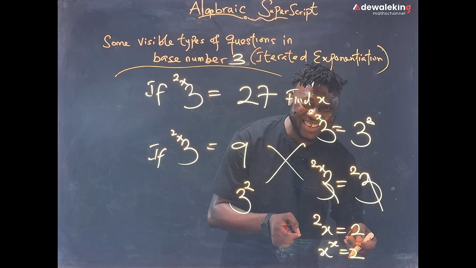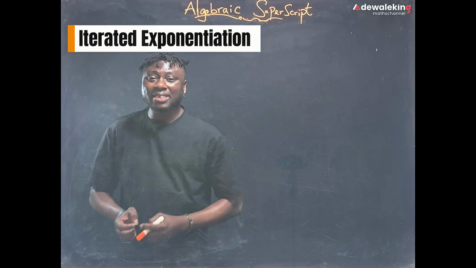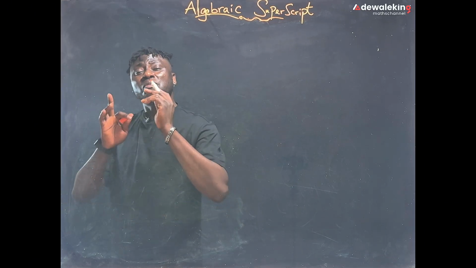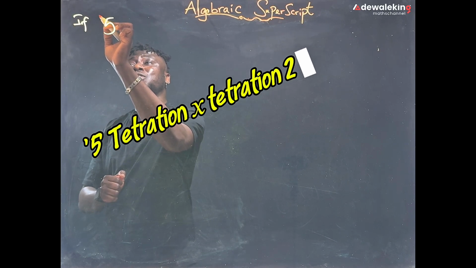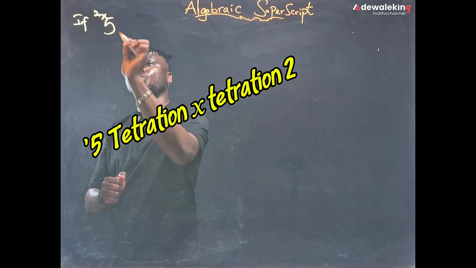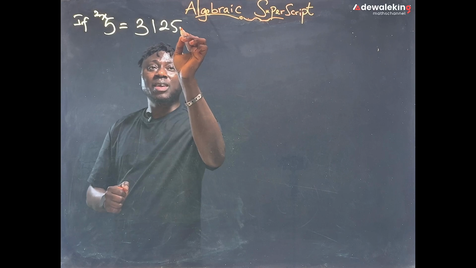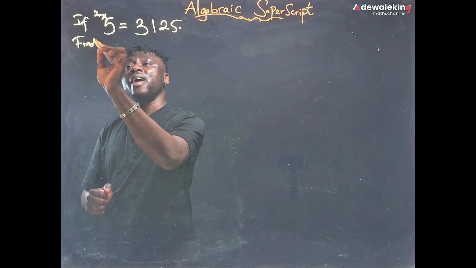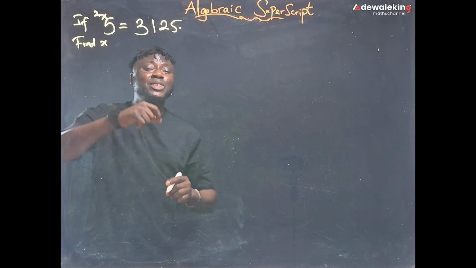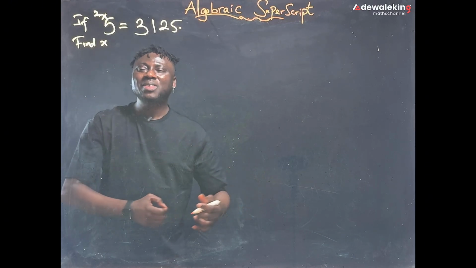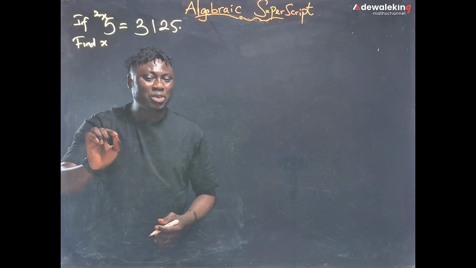Now let's take a question in the base of 5 to address iterated exponentiation. For instance, if 5 tetration x tetration 2 is equal to 3125, find x. To find x, we're going to convert this to an exponential. This will also be converted to an exponential.